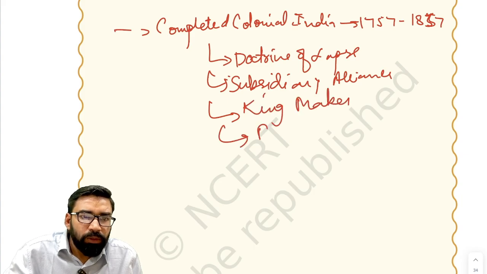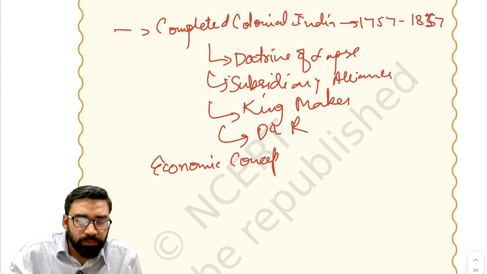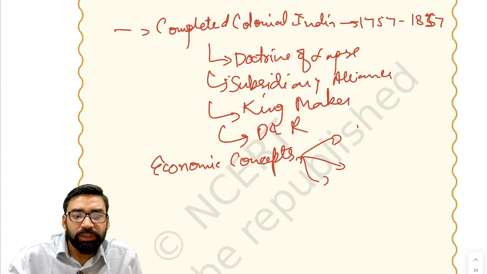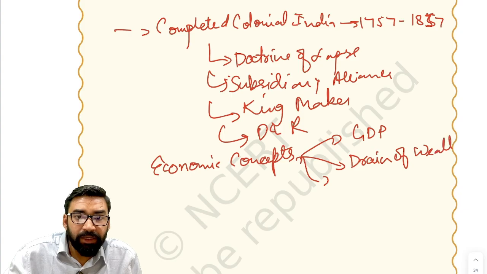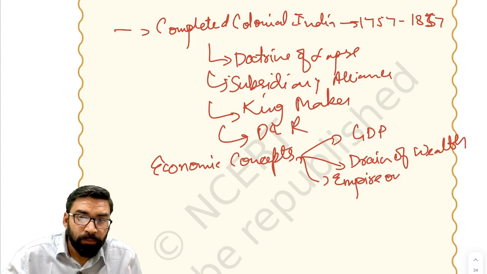divide and rule. Okay. Then we also discussed the economic concepts, like various new concepts Indians came to know: GDP, drain of wealth. Then remember we have discussed empire on the cheap.